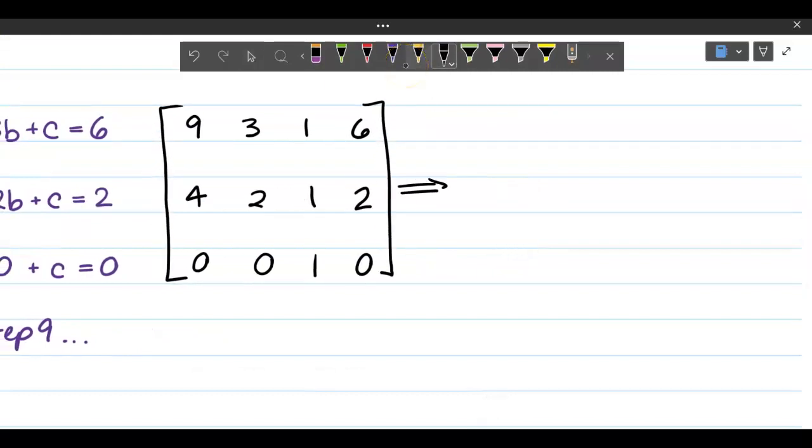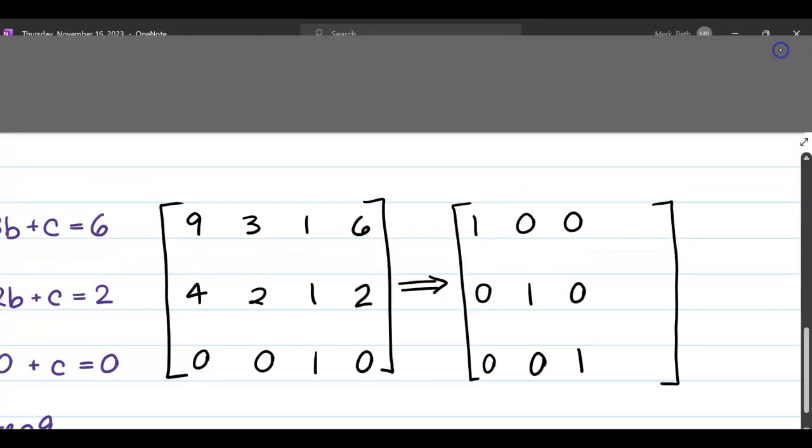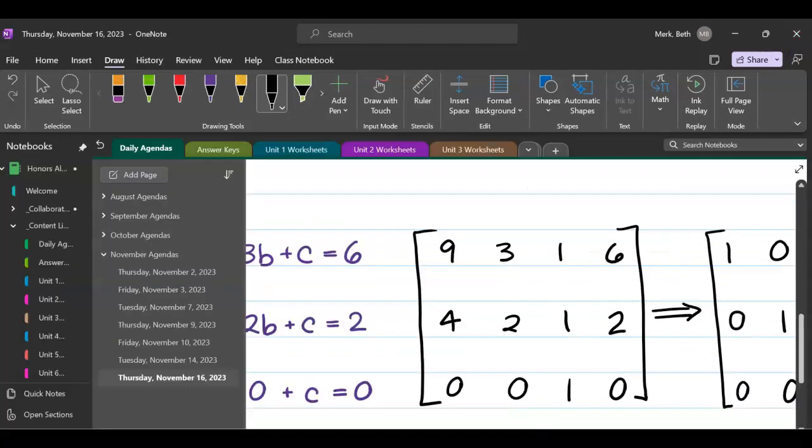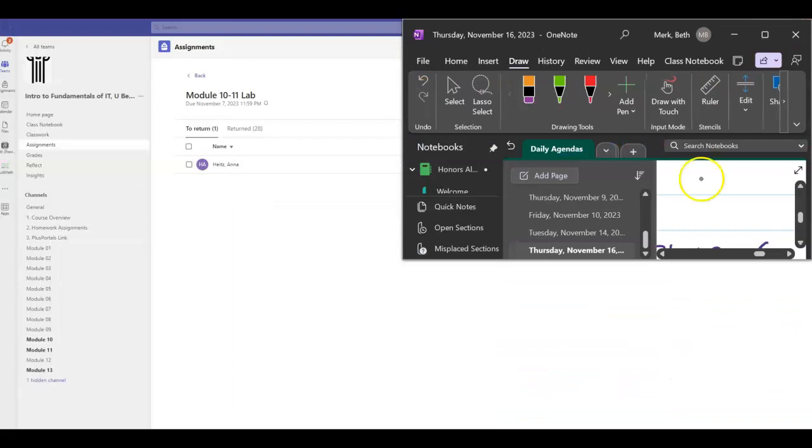When we put this in the matrix and reduce it in Desmos, we will be left with our reduced row echelon form matrix here. Go ahead and put that into Desmos. I'll just share my screen with the other half that I need.